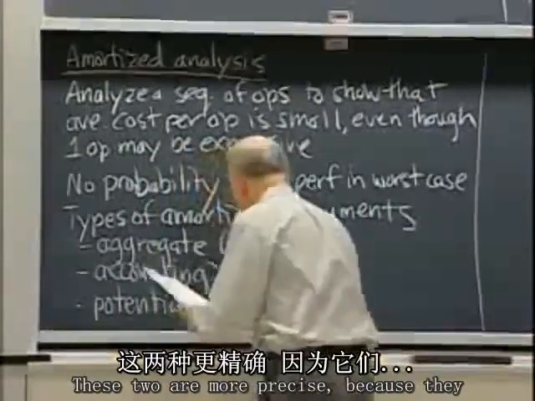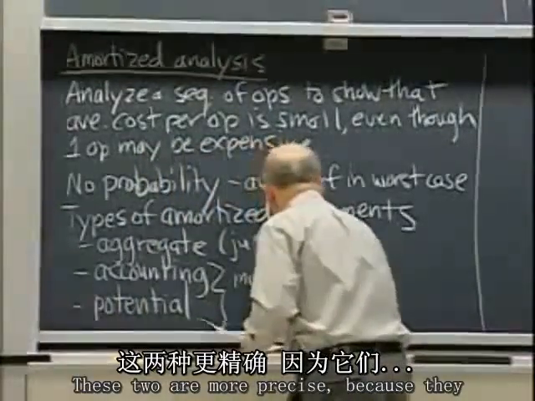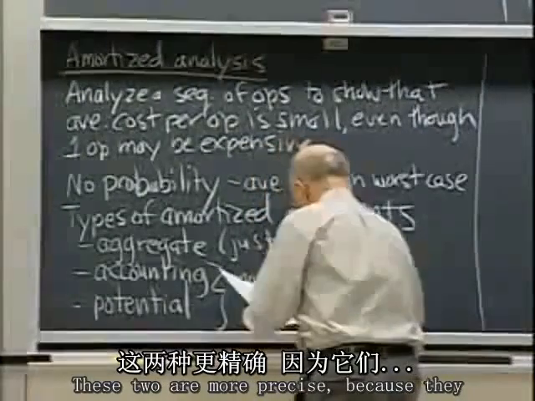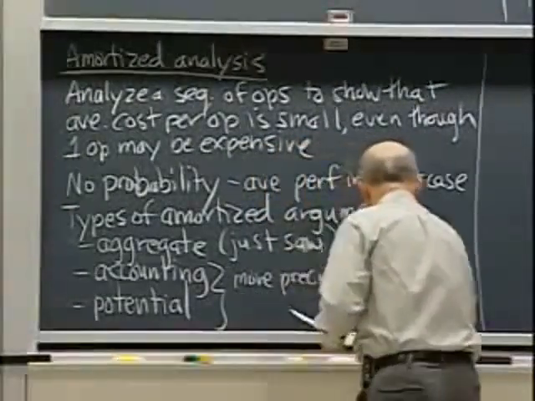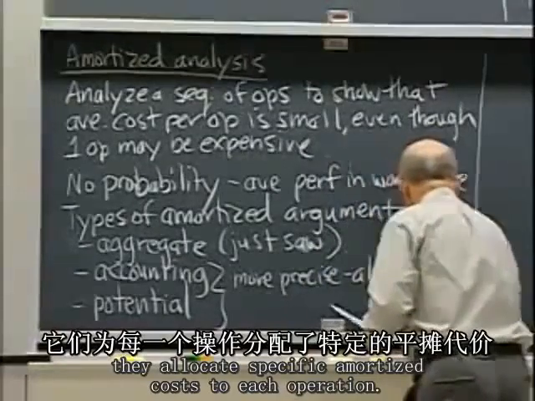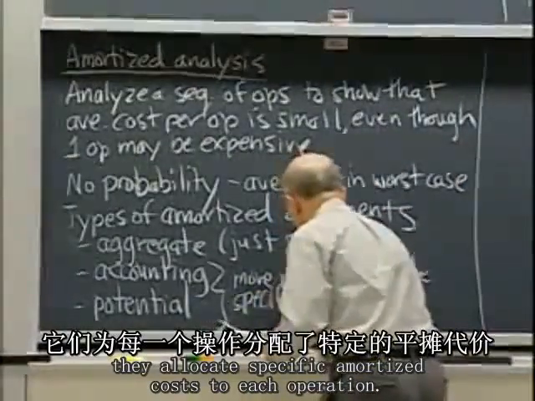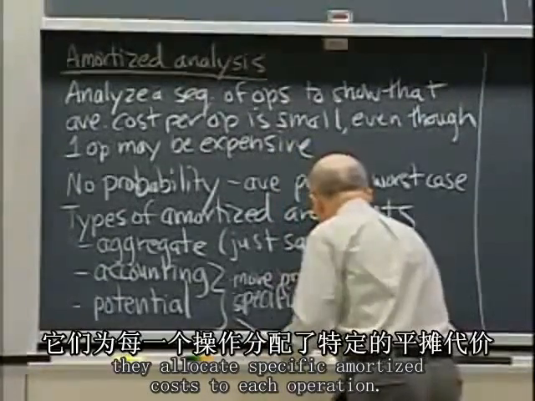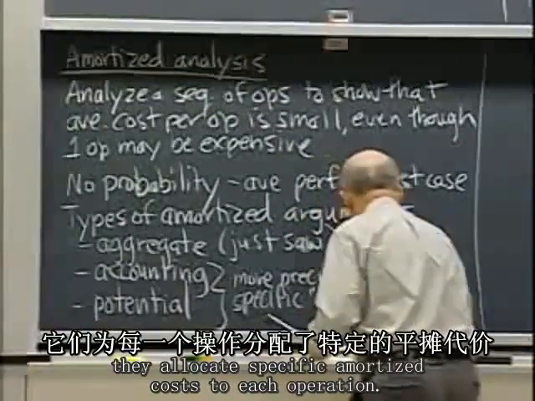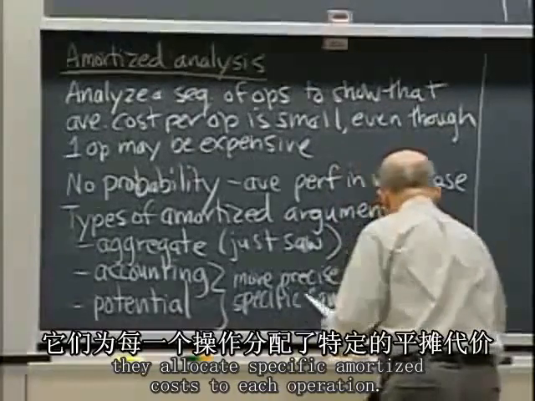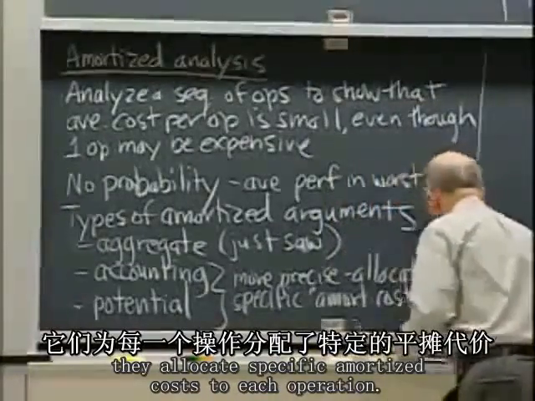These 2 are more precise because they allocate specific amortized costs to each operation.